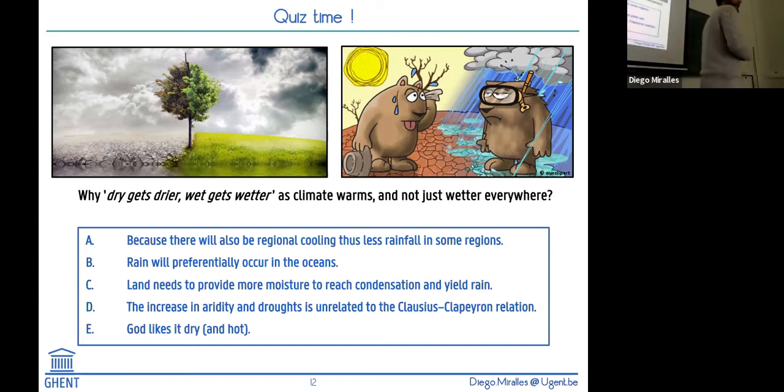So what you usually have is this wet gets wetter. That is easily explained, right? You have more energy coming in because of the greenhouse effect, so more net radiation, more energy to evaporate water. In addition, the air is warmer because you also have more sensible heat flux, that's global warming. So you have a combination of air being able to accommodate more water vapor because it's warmer, and a more powerful latent heat flux, more evaporation, so there will be more water vapor in the atmosphere.